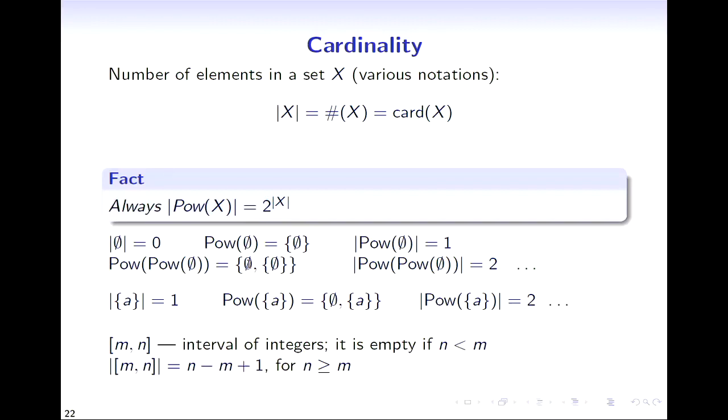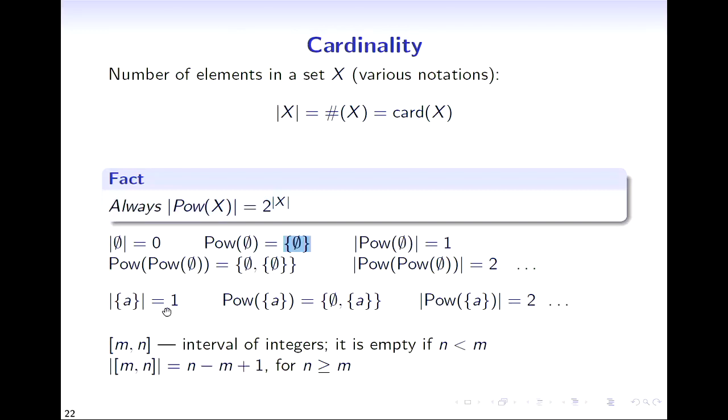The empty set itself is always a subset of any set, but also this here is a subset of this set. And therefore, the power set of the power set has 2 elements, which is 2 to the power of 1. If you wish, you can continue this and see that this set here has exactly 4 subsets.